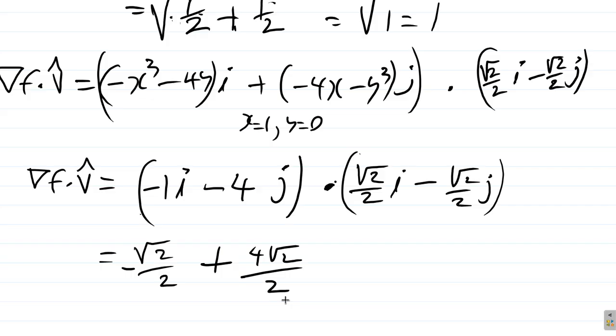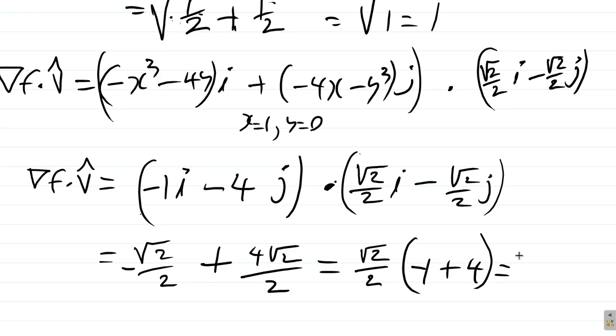Nice. Let's write it in simpler form. Notice the square root of 2 over 2, you could factor it out now. Square root of 2 over 2, open bracket, this would be negative 1 plus 4. So what will happen here?